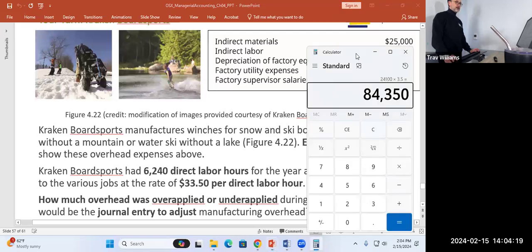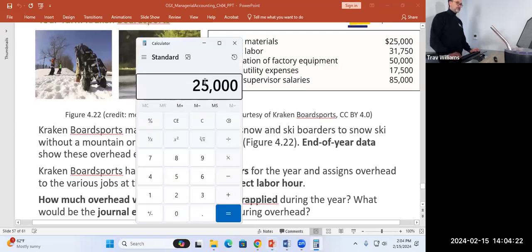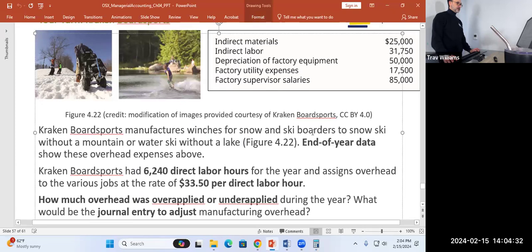Let's add up all those overhead costs in the top right. $209,250. Okay, that is the total of those overhead costs.